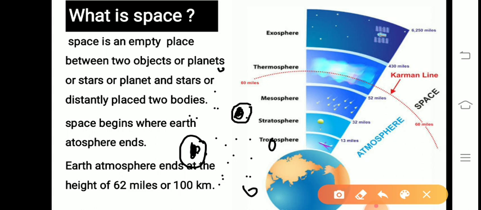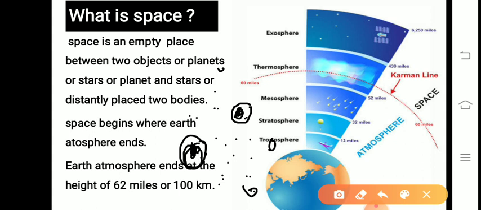For objects on Earth, the Moon is in space. For objects on Earth, Mars and Venus are in space. Similarly, for objects on Mars, Venus or the Moon, Earth is in space.